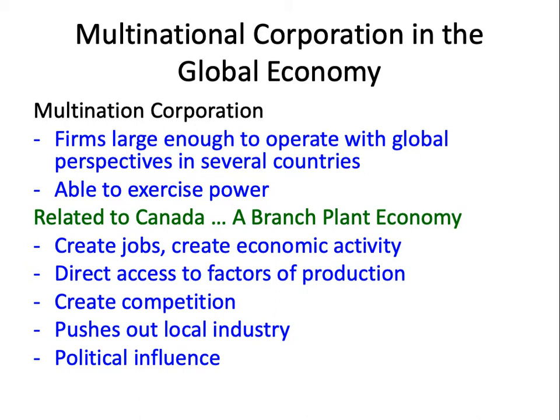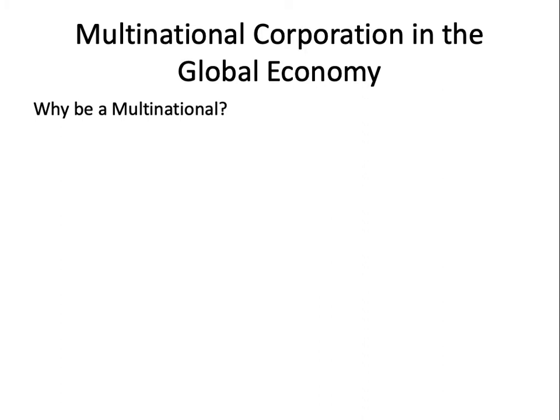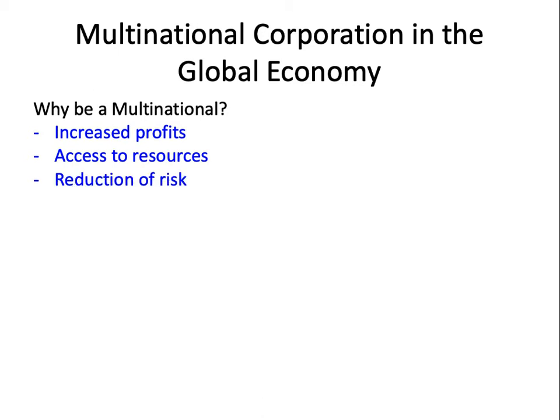And so the next question I'm going to ask is why be a multinational, right? So the answer may be obvious. You're going to make more money, right? It's, however, very difficult, much more complex. But you have access to resources globally, across borders, right? You reduce risk. And so what do I mean by this? If you operate in multiple countries, you are not solely influenced by the economy of one nation or one currency even, right? You're geographically diversified.